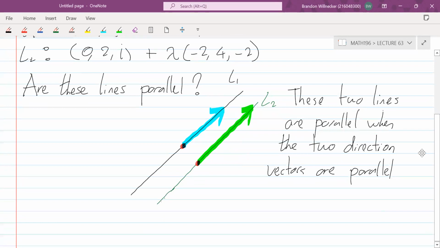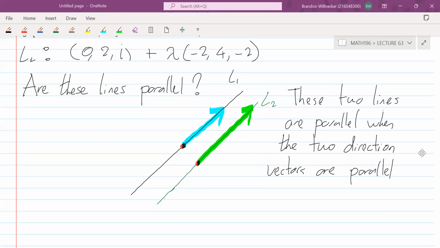When the direction vectors are parallel, then the lines are parallel. So when are vectors parallel? Well, two vectors are parallel if they are pointing in the same direction. Now, they could have different lengths. You see the blue one is shorter than the green one, but they're still in the same direction.